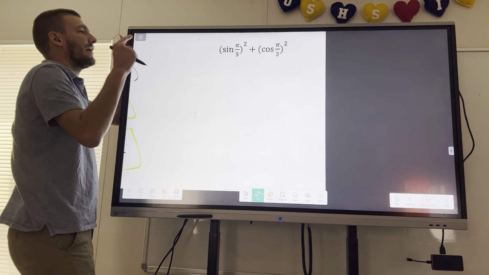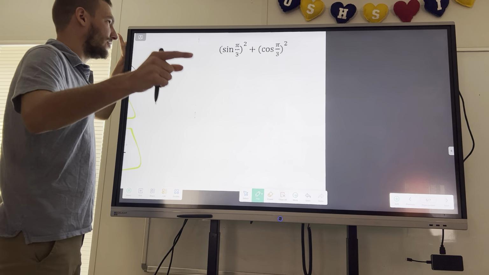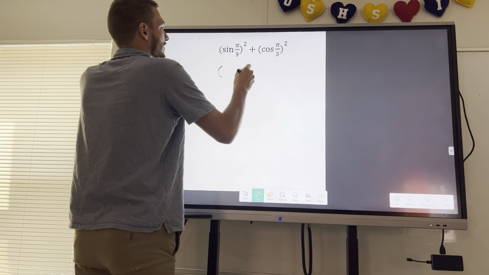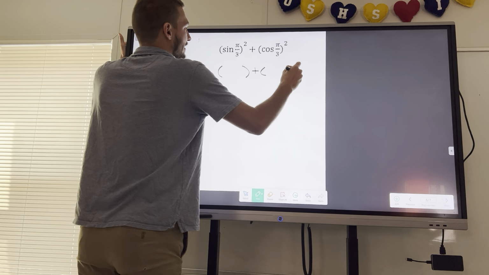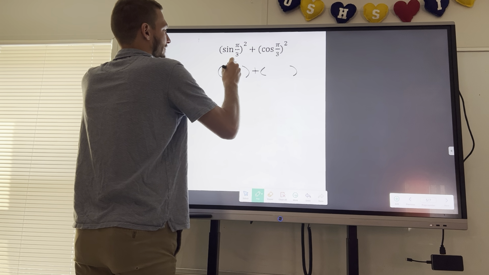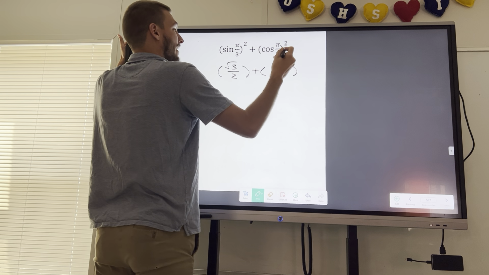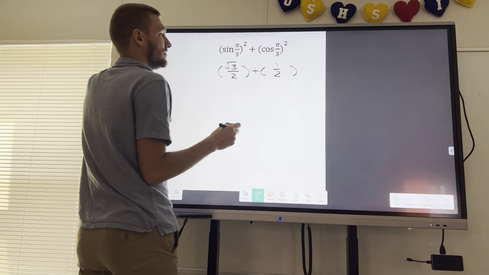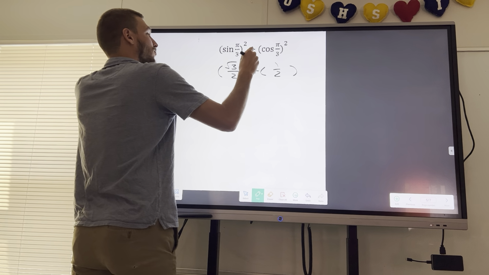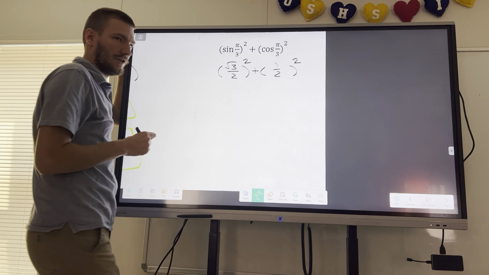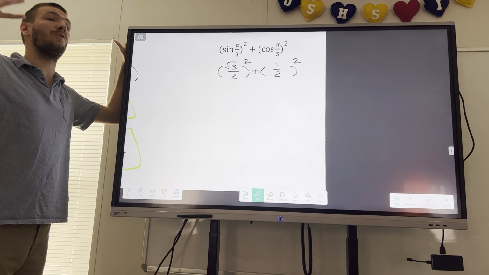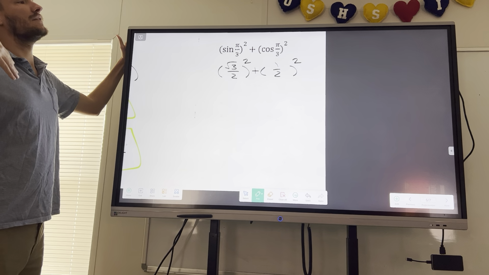The sine of pi thirds plus the cosine of pi thirds. Well, we just did the sine of pi thirds, which was unfortunately the ugly one. The cosine of pi thirds, that's the nice one. Now these are squared and squared. So how do you square fractions?